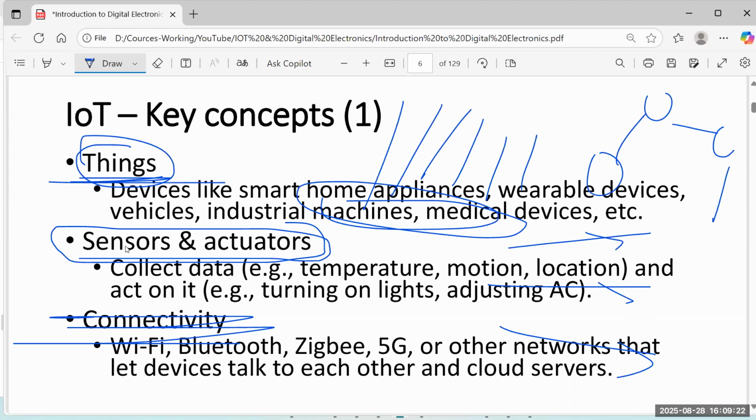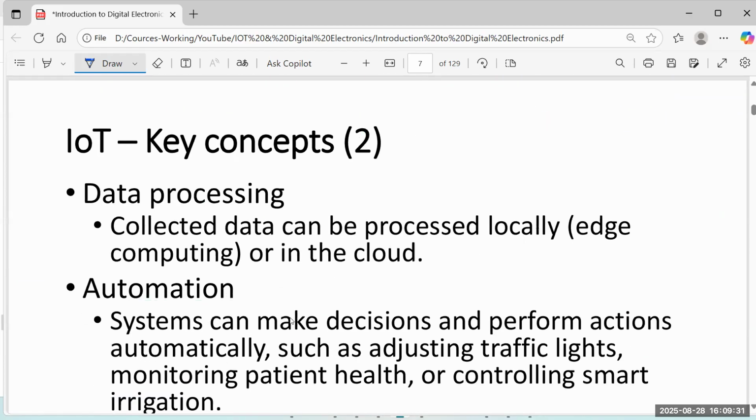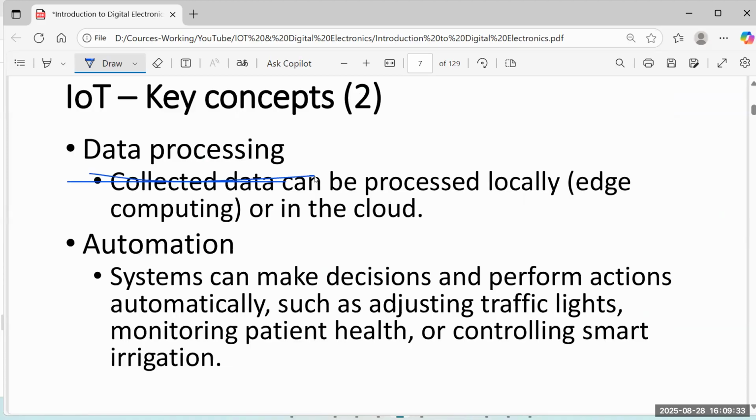So: things, sensors, actuators, connectivity. Then there can be some data processing also. These are not just electronic devices. We can have data processing, microprocessors or microcontrollers where they can run programs. That is where things are getting more interesting and smart. And even now we can integrate with AI.